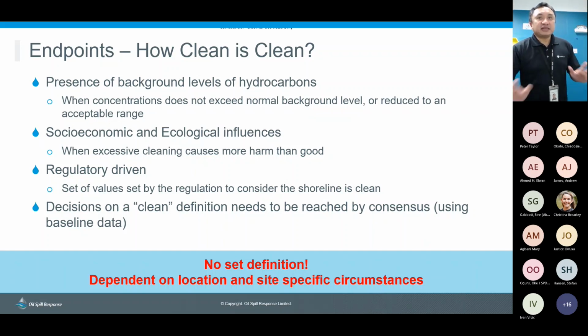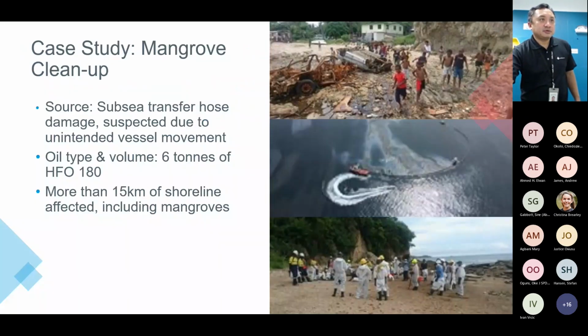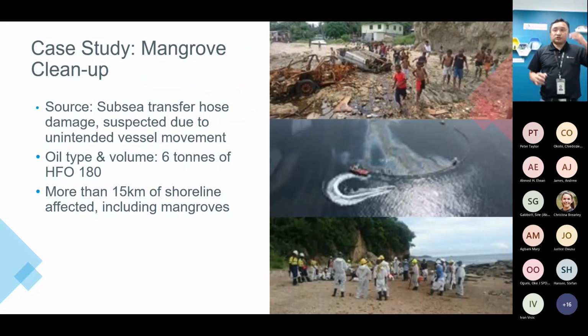So the last bit that I would like to present is a case study. So this one is sort of a monitoring that they have done. This one is one of the countries where we responded. What happened was there's a mangrove area that was affected by a spill.